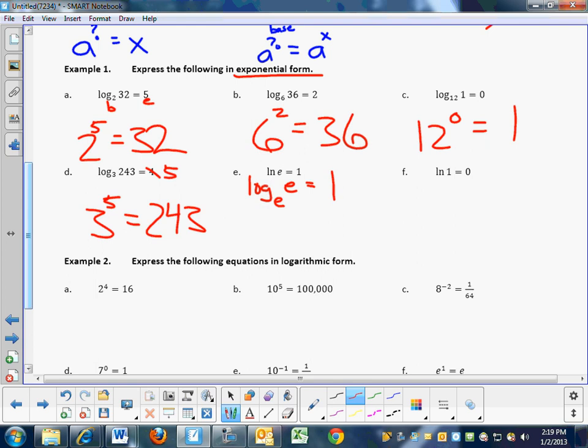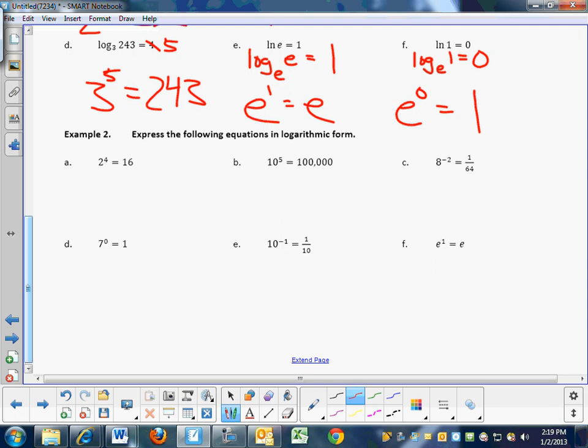Write that in exponential form. e to the 1 is equal to e. Natural log of 1, I could rewrite as log base e of 1 is equal to 0. So that means e to the 0 is equal to 1. So, can you write logarithms in exponential form? Good.